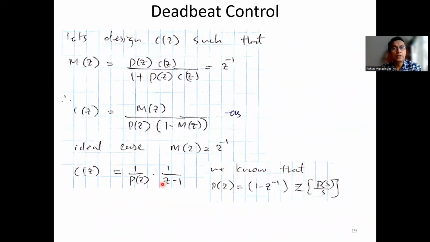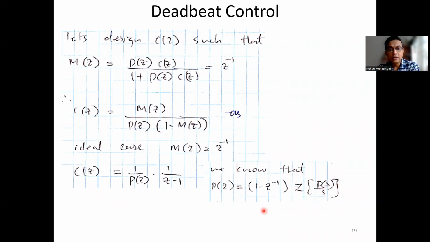Remember this one: the deadbeat controller is this. Maybe you can write it down somewhere. C(Z) is this one. For any plant, this is the deadbeat controller. Now we know it.